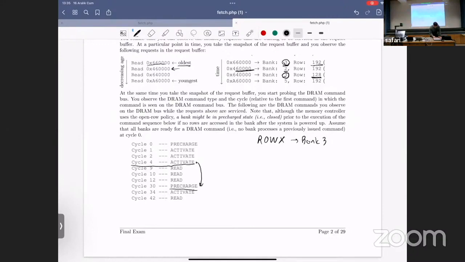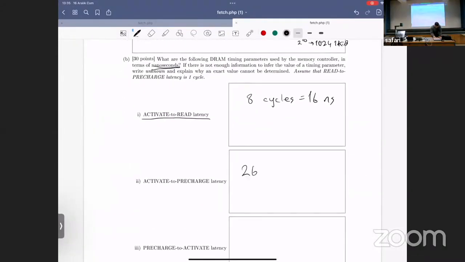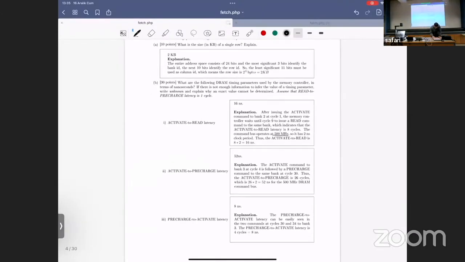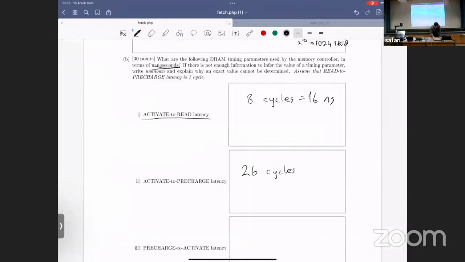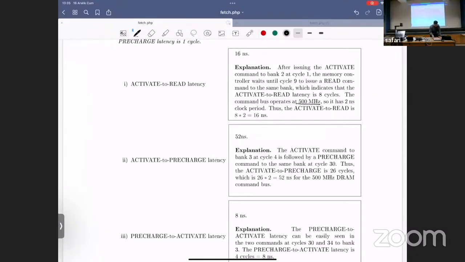And the latency between these will give us the activate to pre-charge latency. And this is 26 cycles. And that is 52 nanoseconds because our clock period is 2 nanoseconds.